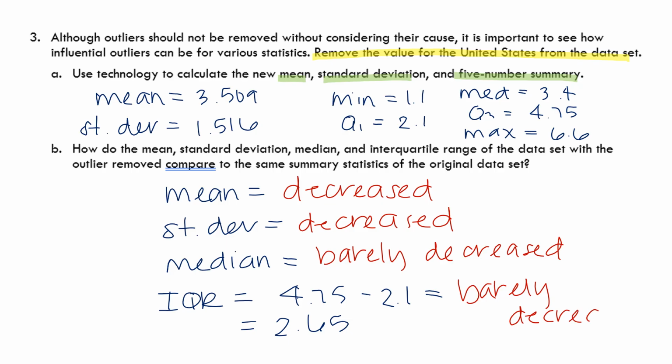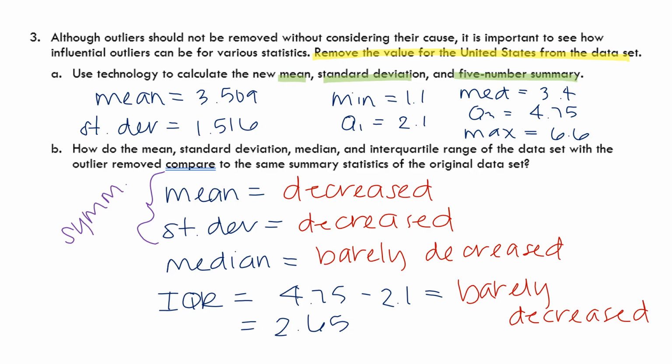Whenever you remove data, it will change the numbers. It will change the mean, standard deviation, median, and IQR. But what I want you to be aware of is that this, once again, is a reason why we would use mean and standard deviation for symmetric data. That's because the mean and standard deviation are highly affected by outliers.